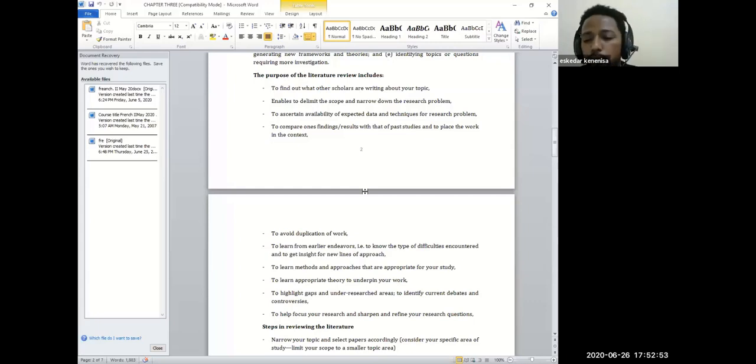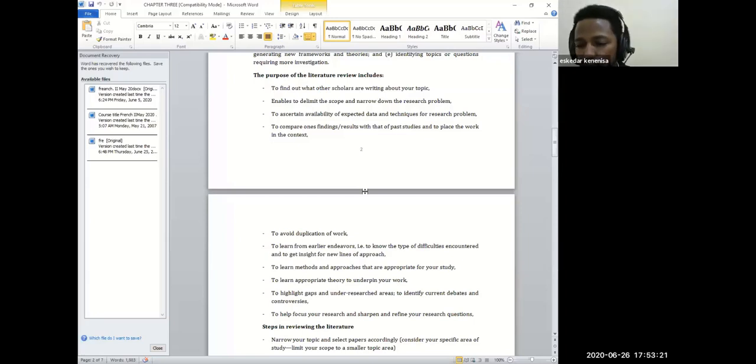Therefore, if you make a comprehensive review, indirectly, you identify the secondary sources, because the literature is the secondary source or secondary material.